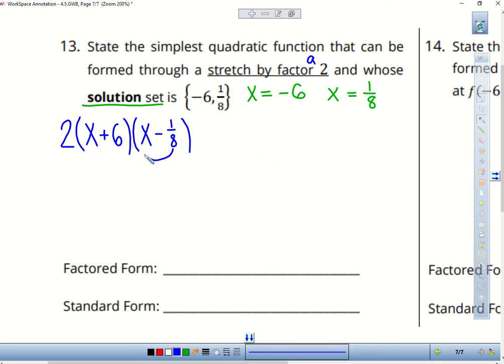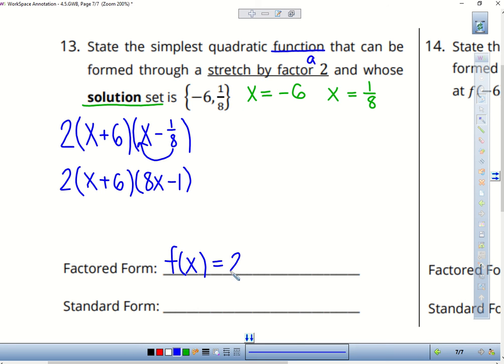So to complete the factored form, we just bring the 8 over. So that would be the fully factored form. F of x, because they want a function, is equal to 2 times x plus 6 times 8x minus 1.